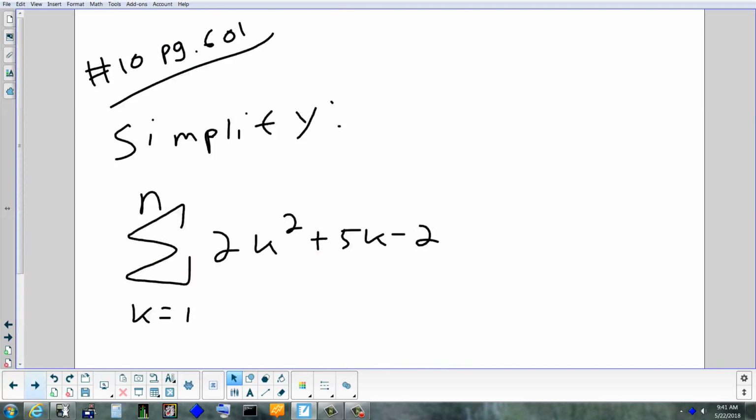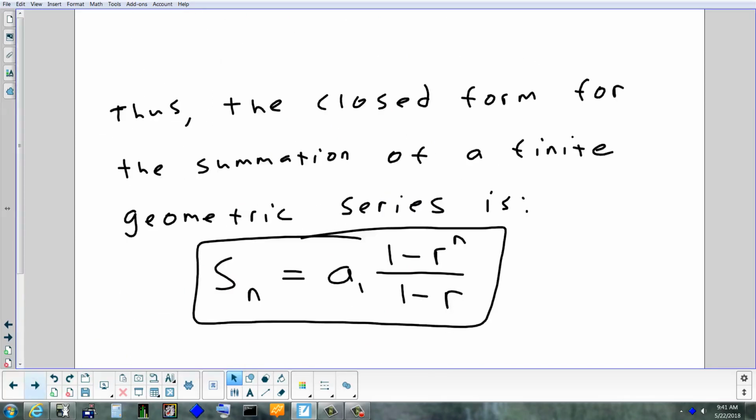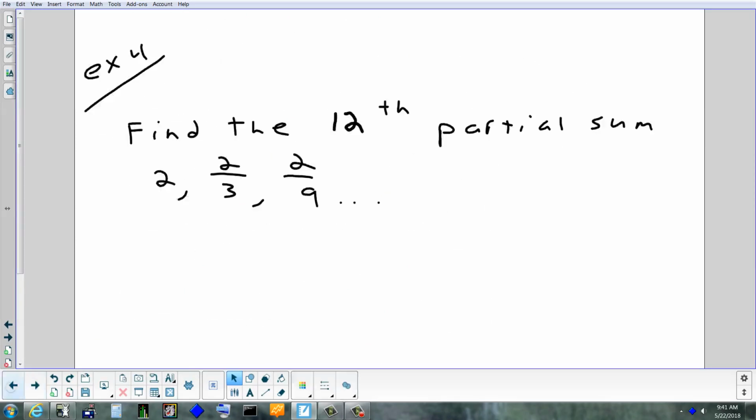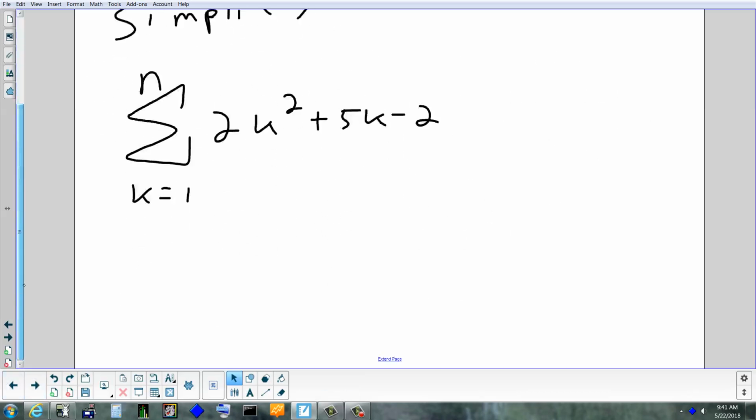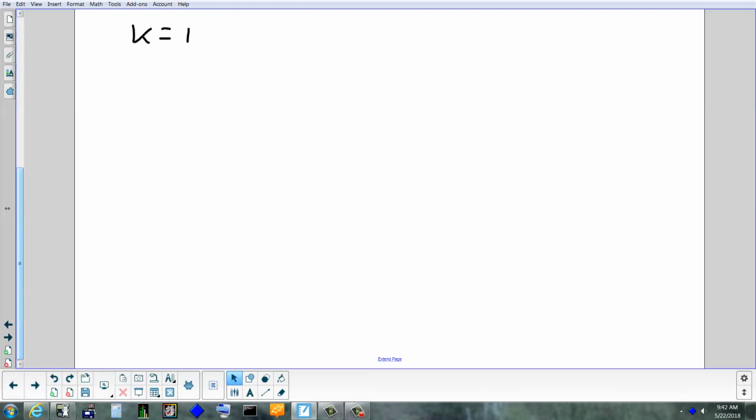All right, let's try this one, and then I think that's the last. Let's just get this one at least to the point where there's no sigmas in it. When I split that up, how many sigma symbols am I going to have? Yeah, I'm going to have 3.